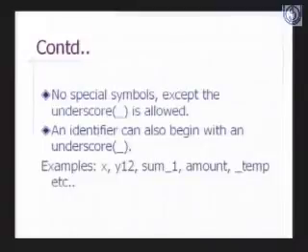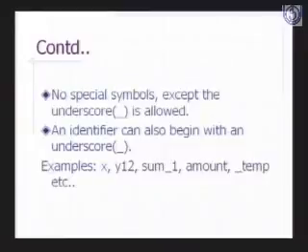You cannot use a percentage symbol, hash symbol or any other symbol except the underscore in order to name the identifier. So the identifier can start with an alphabet, either lowercase or uppercase, or else you can start the identifier with the underscore also. So an identifier can also begin with an underscore. This you have to know.